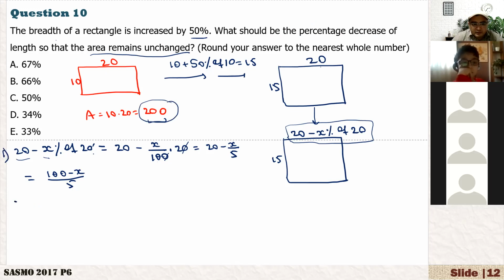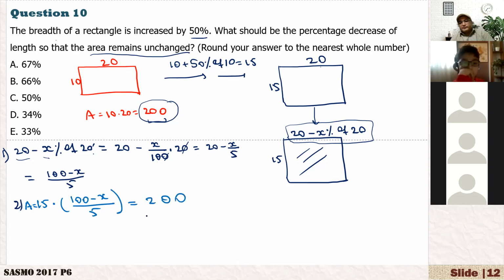So that's the next step. Let's continue. Now what is the area of this new rectangle? It is 15 times the length. The length is (100 minus X) over 5. So that should be equal to 300. That's our equation. Now if you solve this for X, we will get X. So 15 over 5, that is 3.